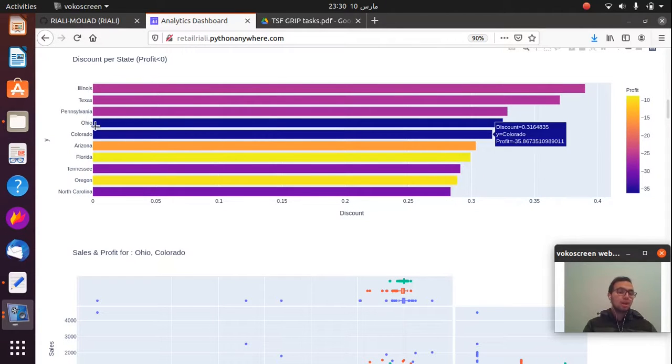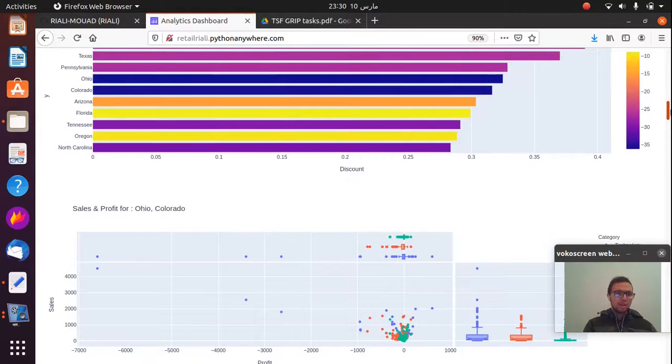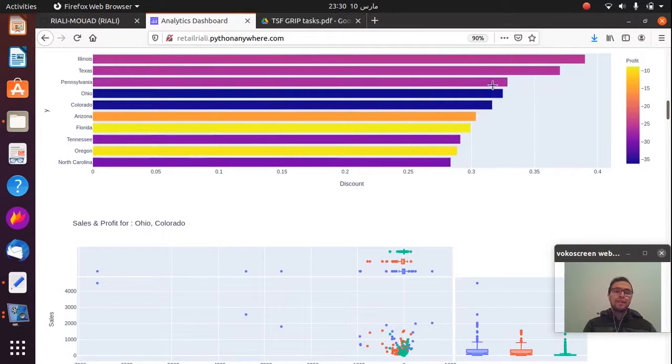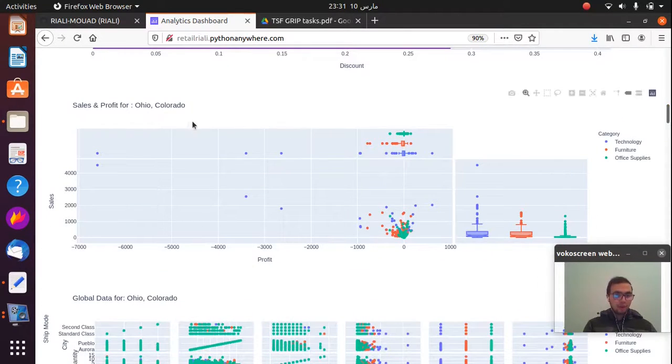The first is Ohio and Colorado, second is Tennessee and North Carolina, third is Illinois, Texas, and Pennsylvania, fourth is Arizona, and the last is Florida and Oregon. We split them by color, depending on their profit rates. For Ohio and Colorado, the majority of sales have negative profits.